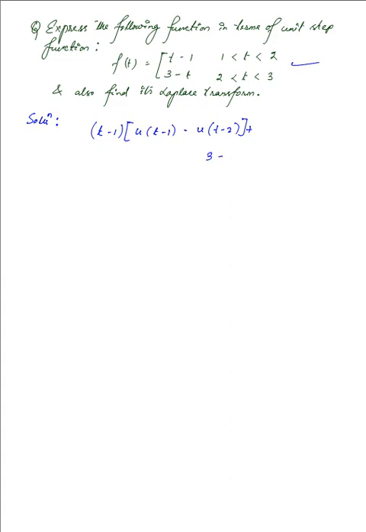So 3 minus t times the unit function of t minus 2, minus the unit function of t minus 3. So that's how we put it in the range.